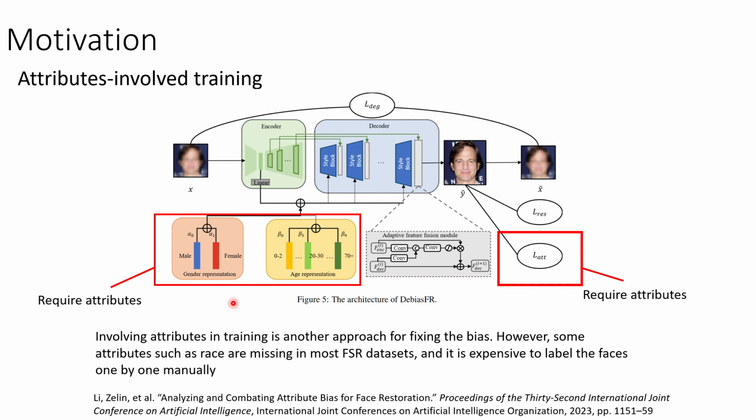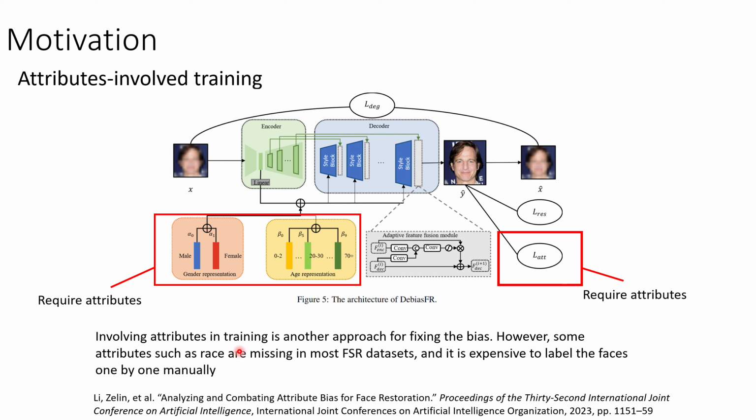So it's a natural thought to involve these attributes in their training process. They involve gender representation, hair and age representation in their training and generation, and they use loss for attributes to supervise the network to learn the attributes for each phase.